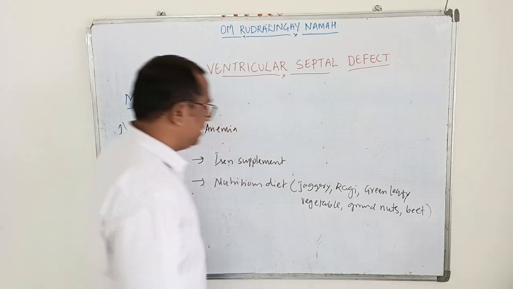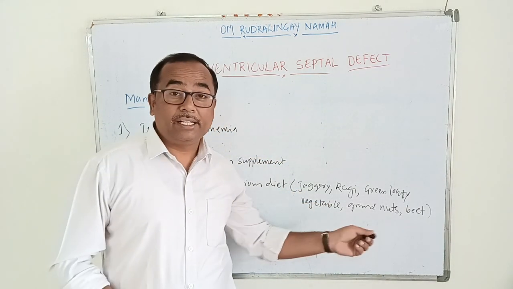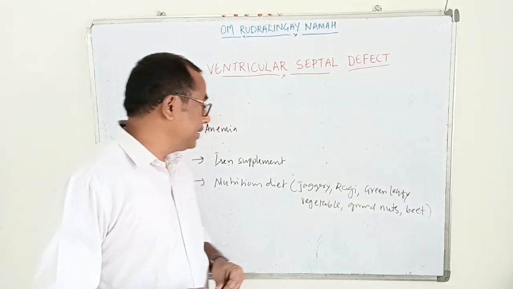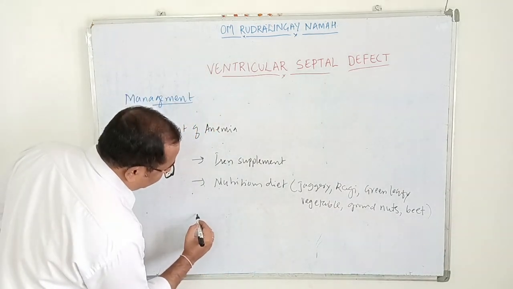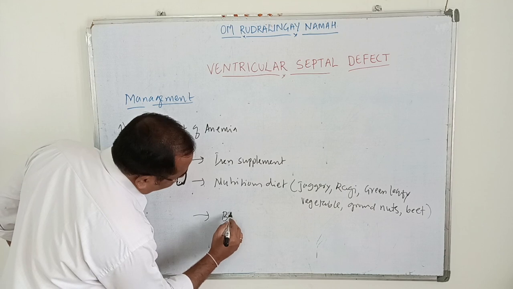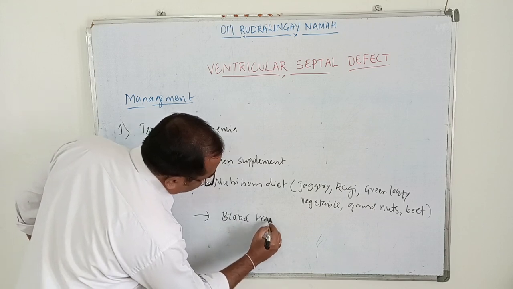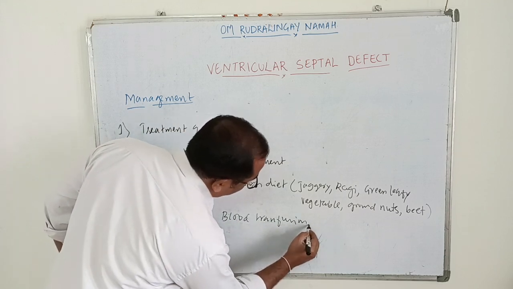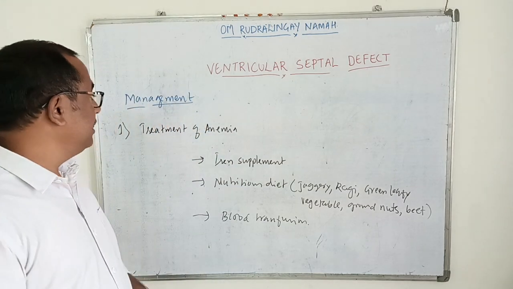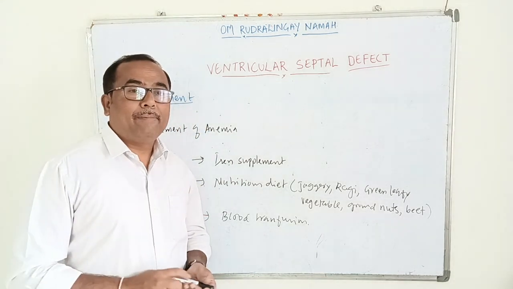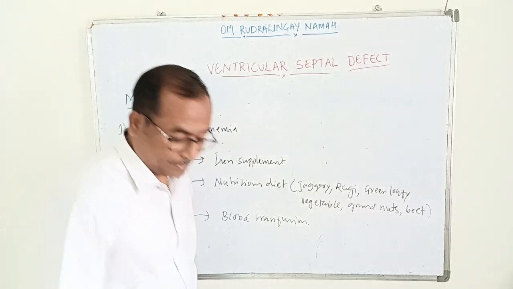These are some of the iron-rich nutritious diet that can be advised to the child. Apart from that, we can also go for blood transfusion if the baby has very severe anemia. So this is the basic anemia management of a child.